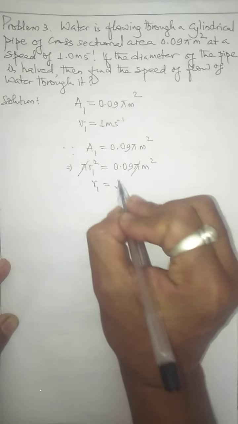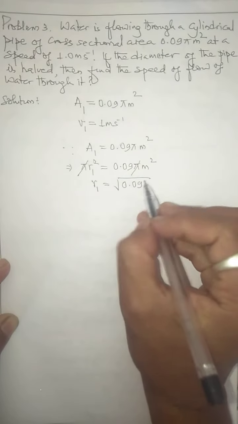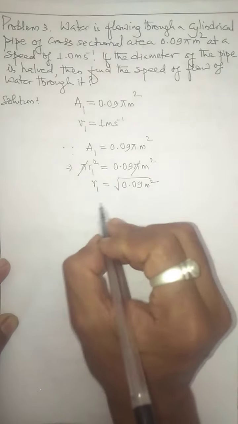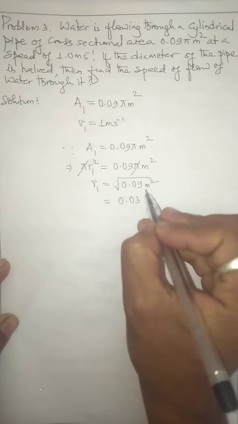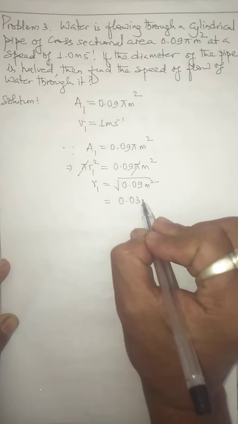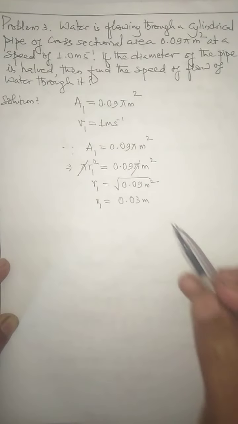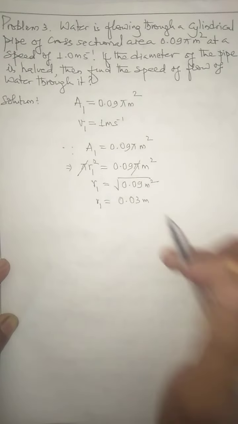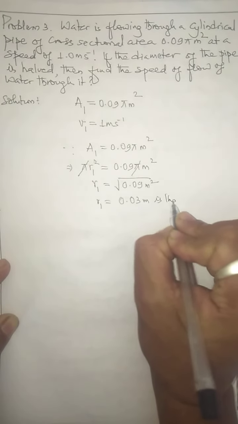Taking the square root, the square root of 0.09 meter square is nothing but 0.03 meter. From this relation we come to know that the radius of the cylindrical pipe is 0.03 meter.